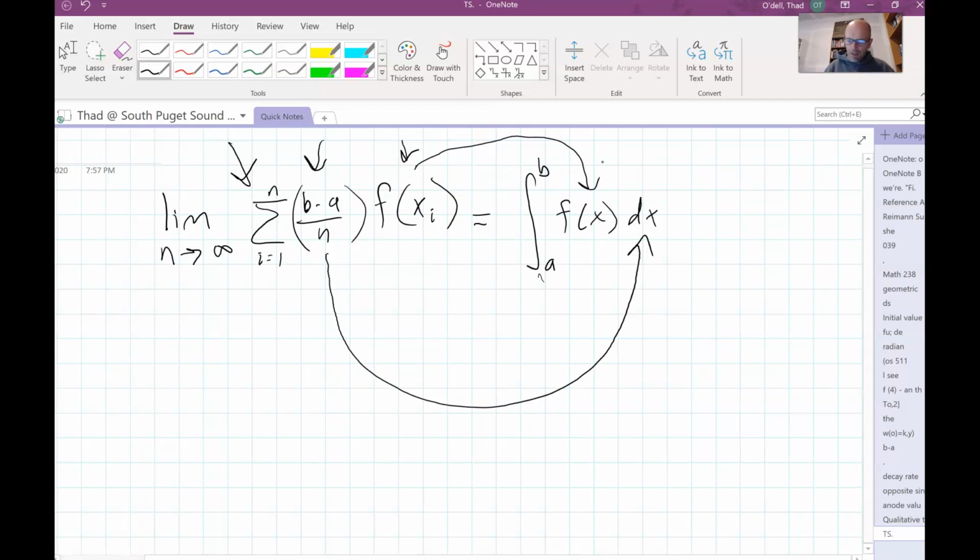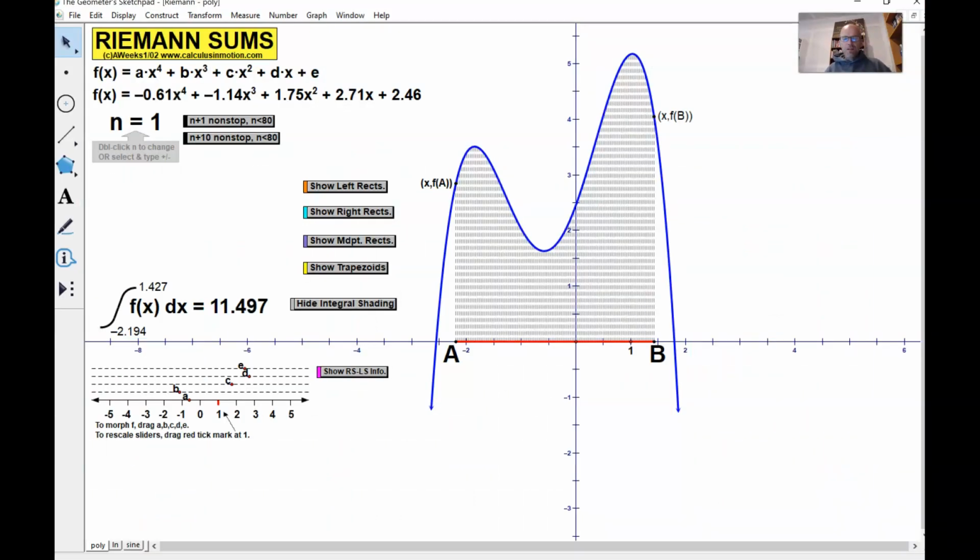So let me hop over to here. We've been doing some playing around with Riemann sums, and basically the idea is we can approximate the area under the curve by showing a rectangle.